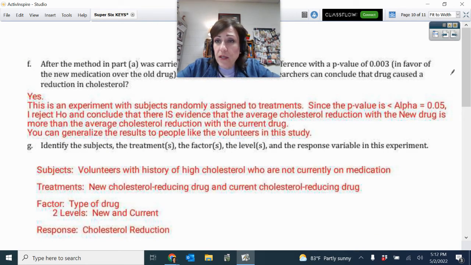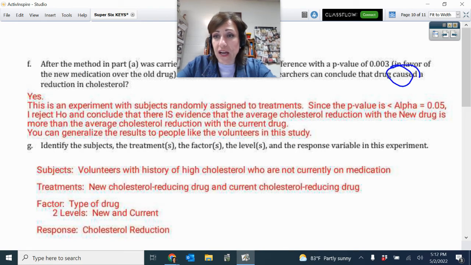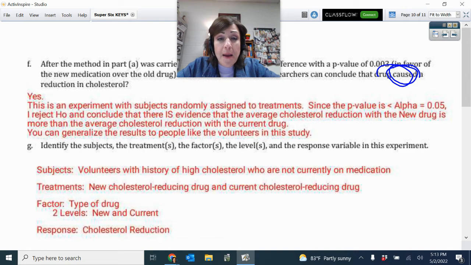And so you get this p-value. Okay, so that means we had evidence. So here, could you then indeed say, yes, it is the new drug that caused, that's what they're going for, that caused this reduction in cholesterol? And that is yes, because it was a controlled experiment with a treatment where we randomly assigned the subjects to the treatment groups.